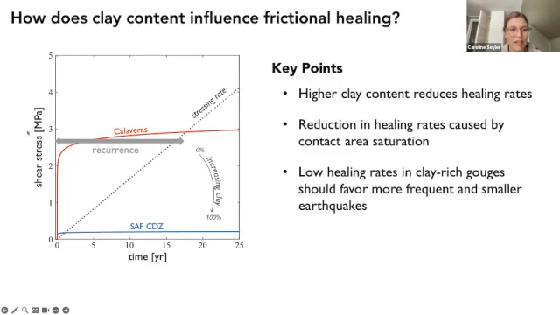If this intersection here gives you the maximum, or an expected possible, recurrence interval for an earthquake, and this axis is giving you the maximum stress drop, you might expect to see a difference between larger events and longer recurrence intervals in stronger and higher healing gouges, versus the combination of low healing rates and low frictional strength in clay-rich gouges favoring more frequent and smaller earthquakes.